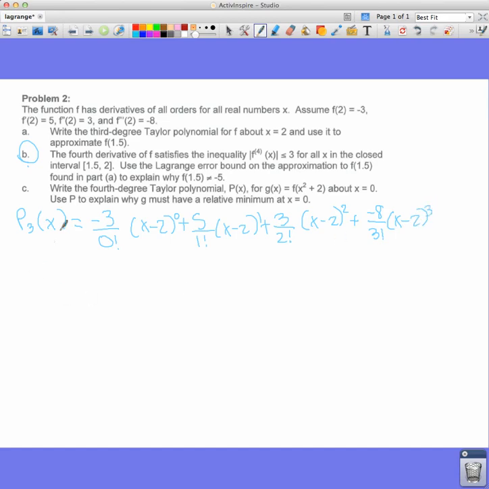What you did is you looked to see in part A, use it to approximate f(1.5). So that means I'm going to take my third degree polynomial and plug in 1.5. So now I had -3 plus 5 times (1.5 minus 2), plus 3 halves (1.5 minus 2) squared, minus 4 thirds, because I did reduce my -8 over 3 factorial, (1.5 minus 2) cubed.